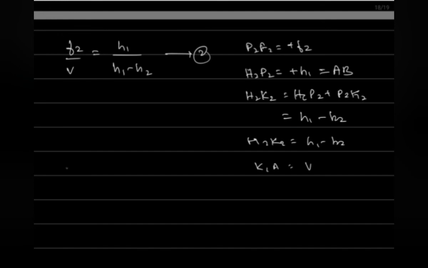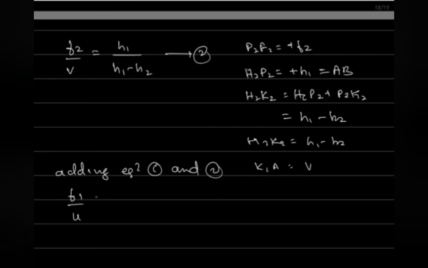Adding equation 1 and 2, if you add, then what will you get? You will get F1 upon U plus F2 upon phi equals to minus H2 upon H1 minus H2 plus H1 upon H1 minus H2.